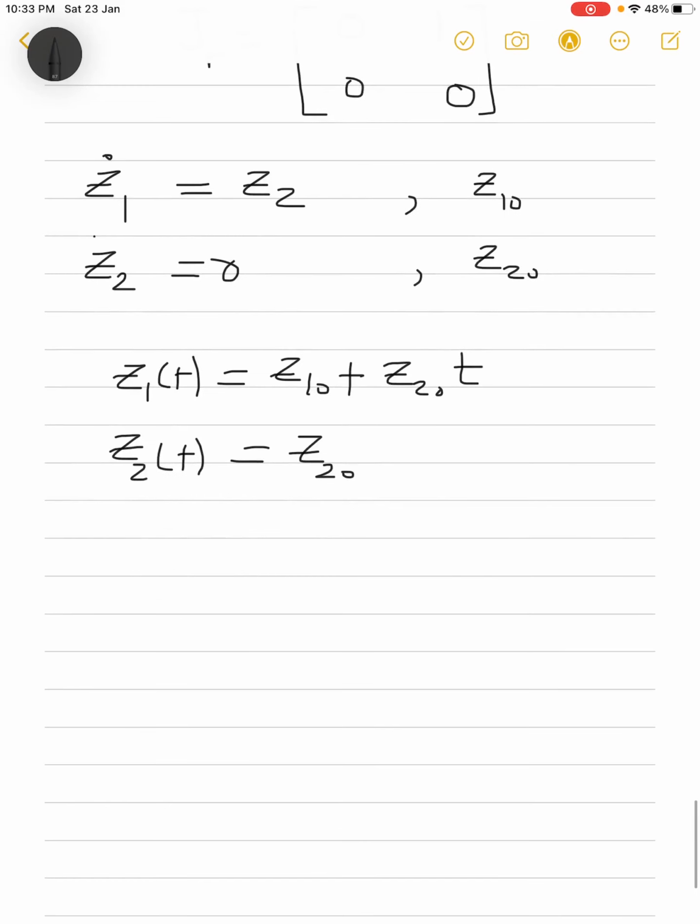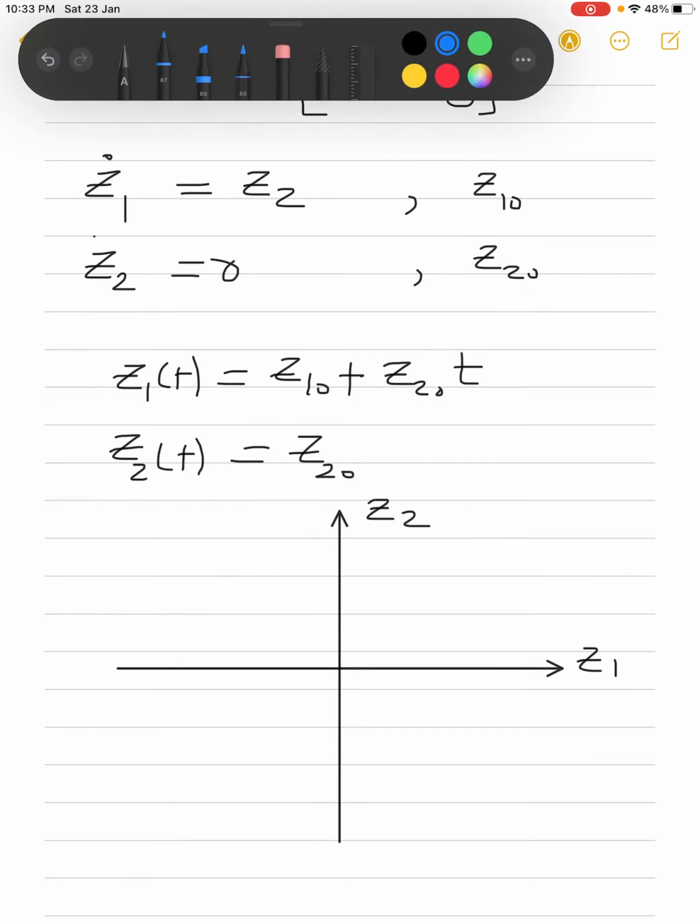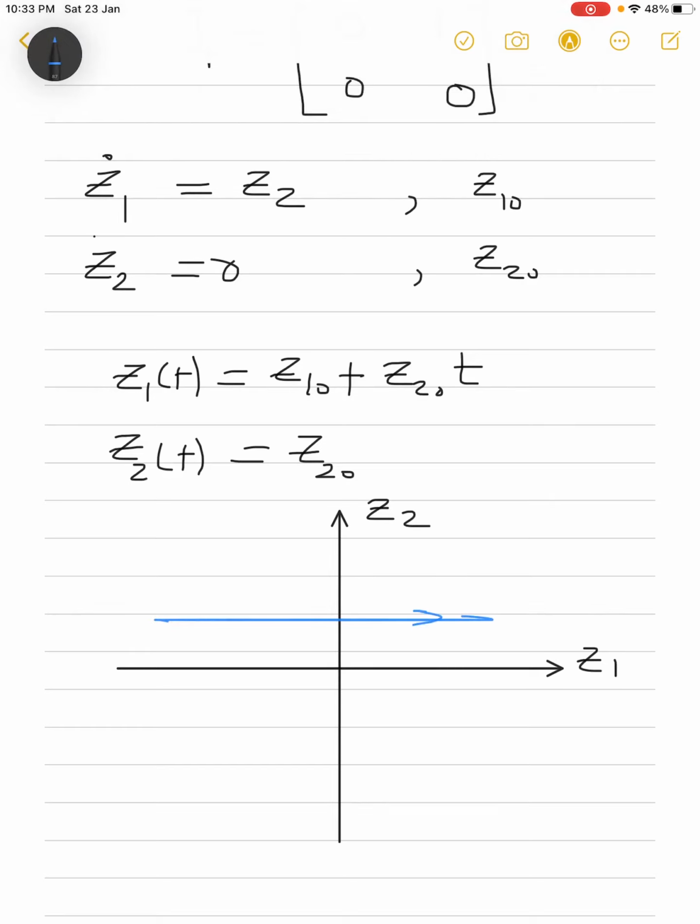So again, we can plot the trajectories that correspond to the solutions. This is z1 and z2, and we'll find the solution will be either like this or like this. So these are the trajectories that will comprise the phase portrait for the system in this case.